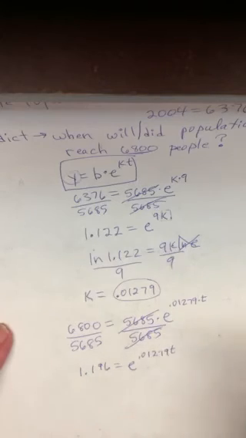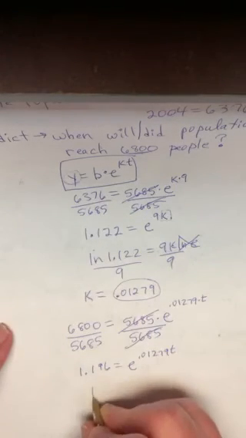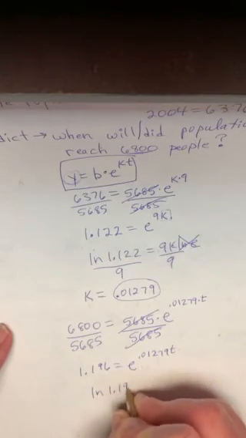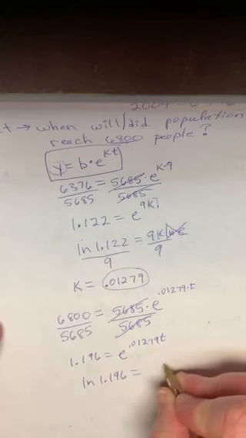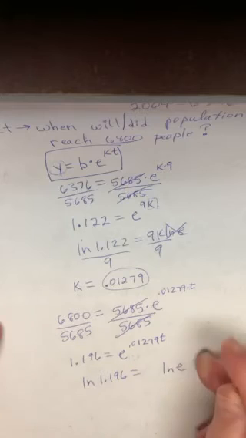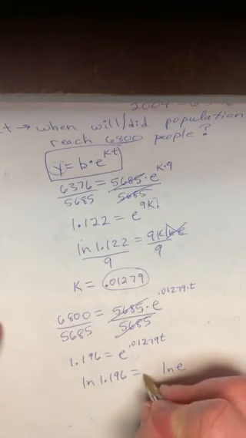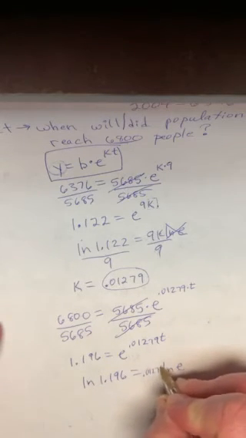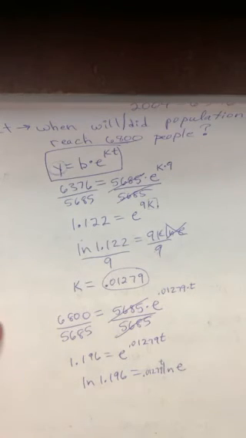When in doubt, log it out. I'm going to log both sides. I've got the ln of 1.196 equals the ln of e raised to that power, which goes in front, 0.01279t. Agreed? The ln e is irrelevant.